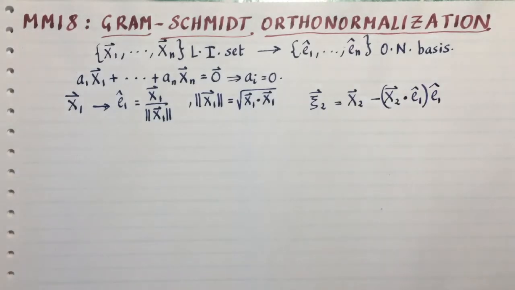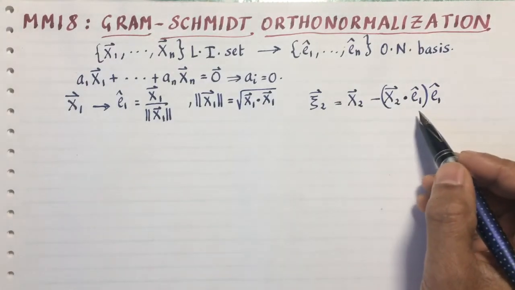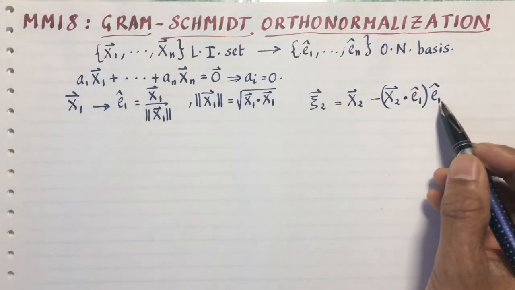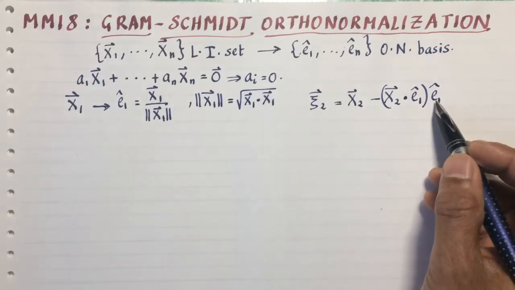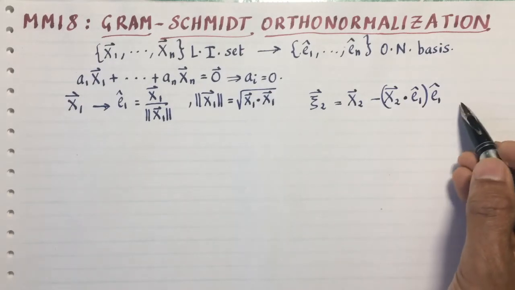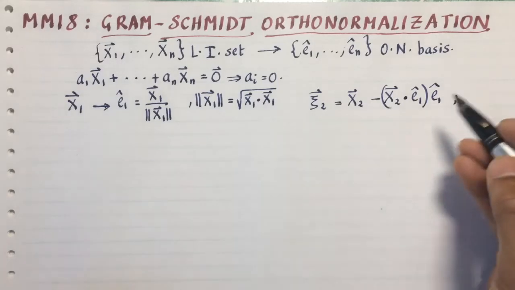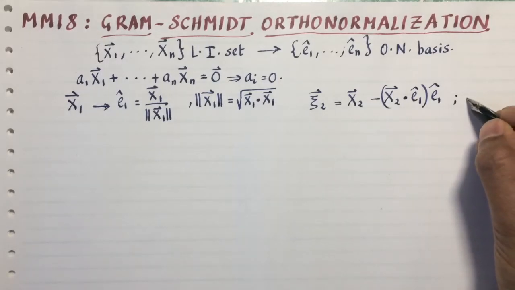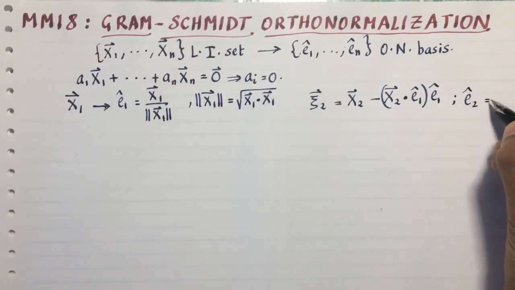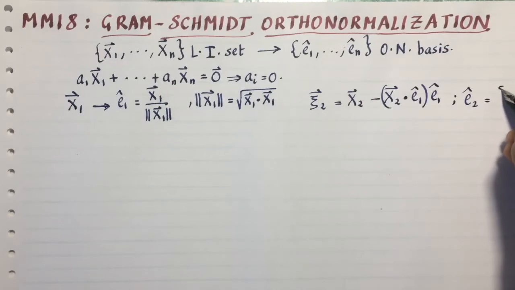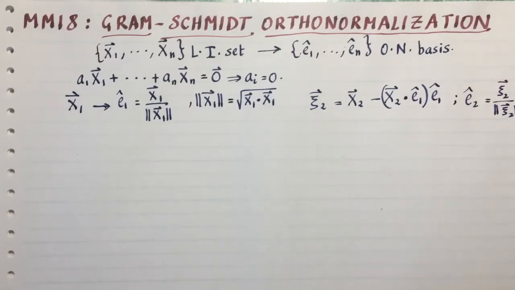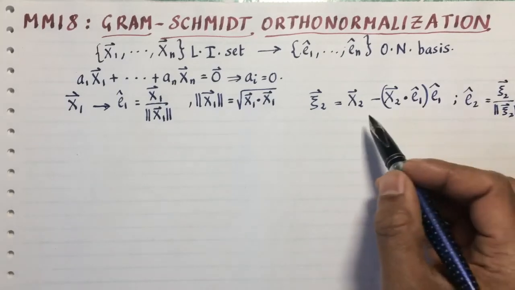If I subtract from x2 the component that is in the direction of e1, I'll be getting a vector that's not in the direction of e1. So this vector will then be the seed for our next element, e2, and that e2 is just zeta 2 divided by the magnitude of zeta 2. And by construction, e1 dot e2 is exactly 0.